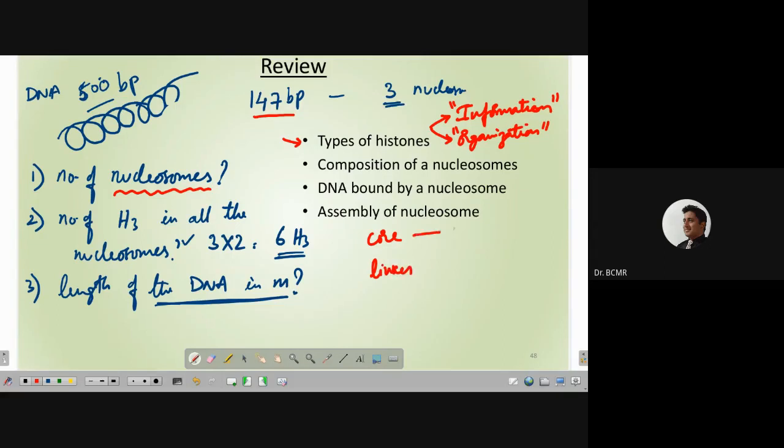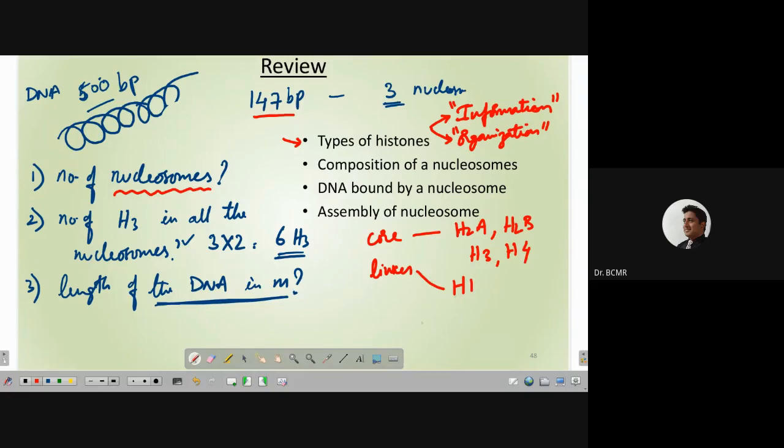In the core histones, we have H2A, H2B, H3, and H4. H2A and H2B occur as a dimer. H3 and H4 occur as a tetramer. And the linker histone is H1.